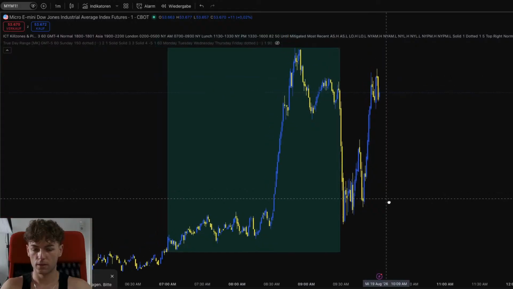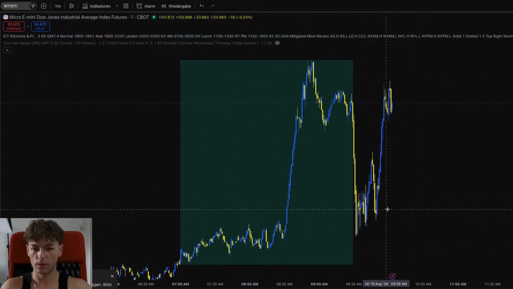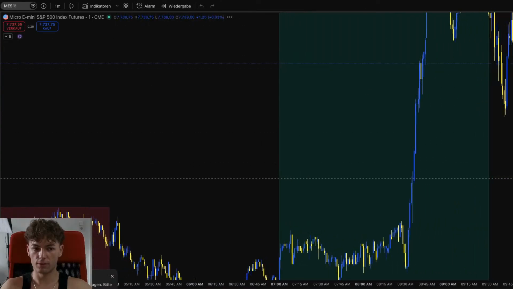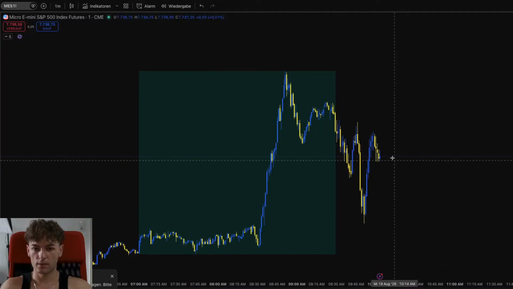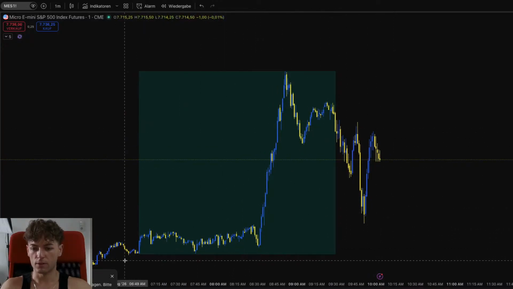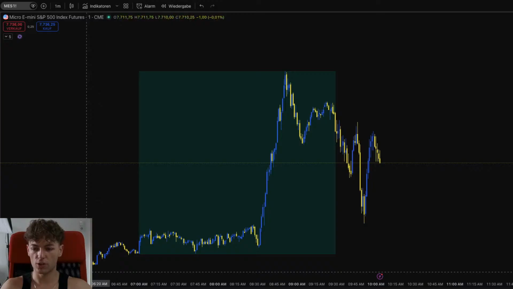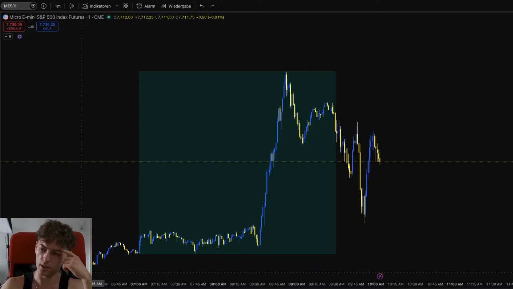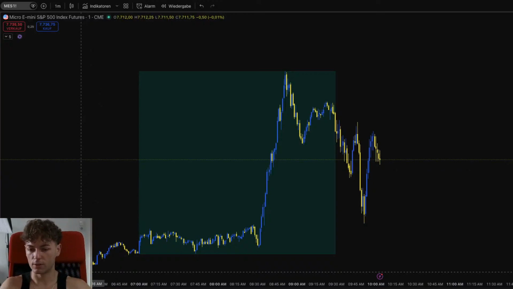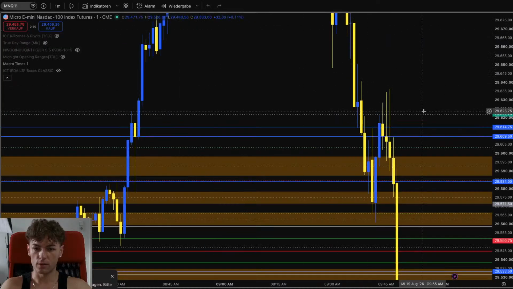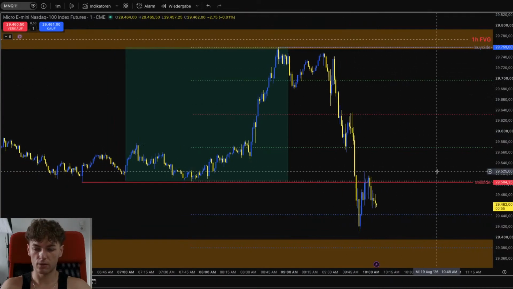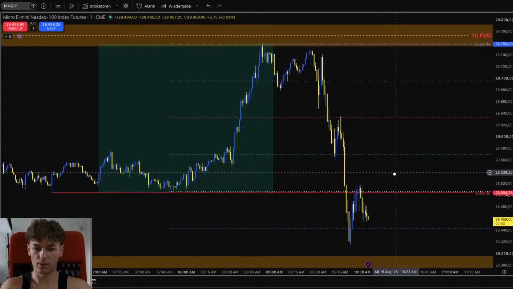This is most likely going to be taken out, so Dow is bullish for now, as well as ES, which also has these relatively good lows, though I'm not 100% sure. There's nothing guaranteed in this market, but it's pretty obvious down in here. And it seems like NQ is the leader to the downside.